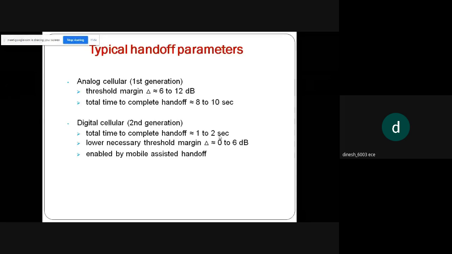In digital cellular, second generation, the total time to complete a handoff was reduced from 8 to 10 seconds to 1 to 2 seconds, and the threshold margin was reduced from 6 to 12 decibels to 0 to 6 decibels. And these digital cellular systems were enabled by mobile assisted handoffs, MAHO.